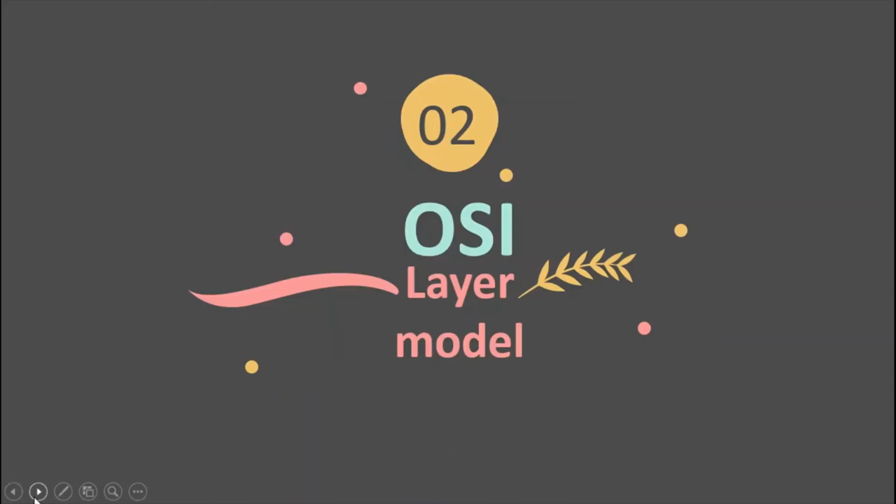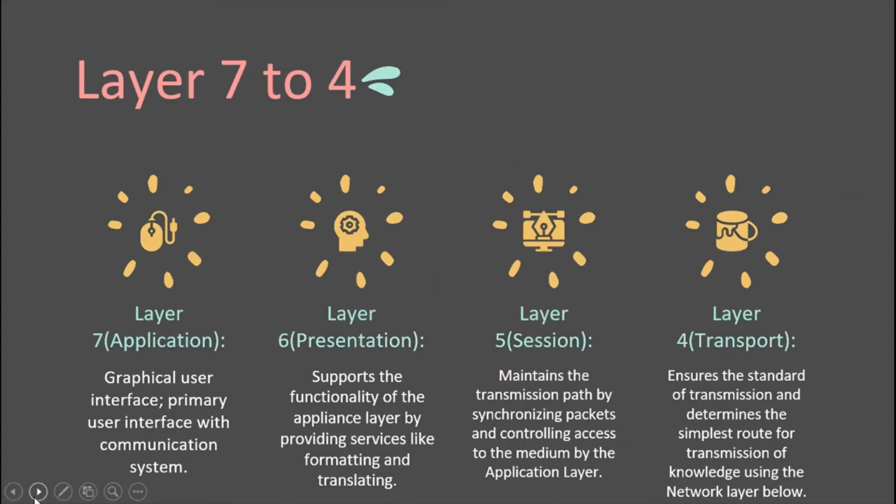OSI layer model. Layer 7 to 4. Layer 7, application, graphical user interface, primary user interface with the communication system. Layer 6, presentation, supports the functionality of the application layer by providing services like formatting and translating.